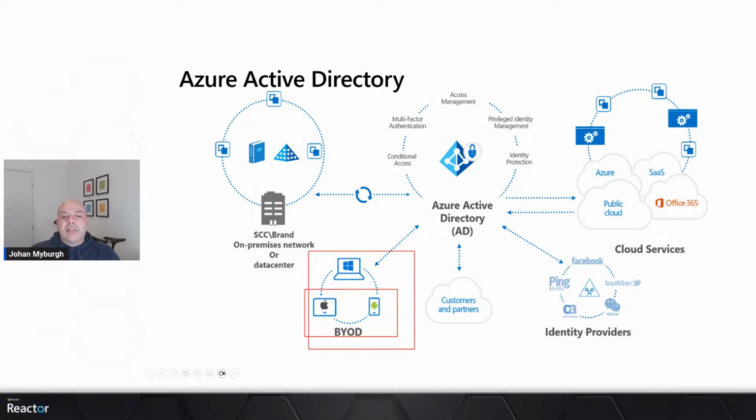Now, this also gives us a management capability and some footprint to be able to reset the device should the device go missing or something like that. So there are some capabilities around that as well. And this is essentially part of what Azure AD provides, right? The ability for me to group together users based on the device that they're on, for example.